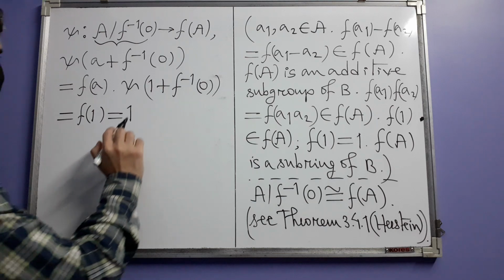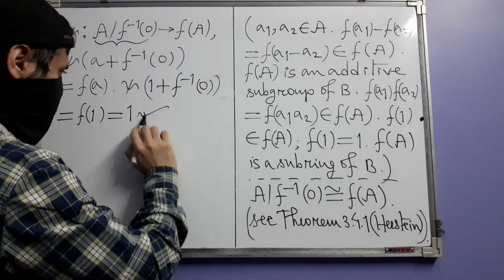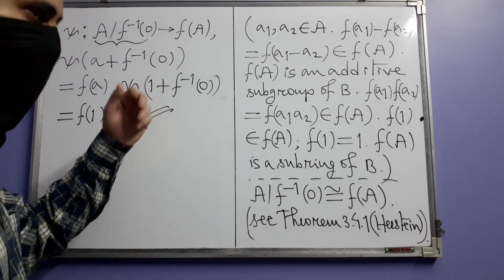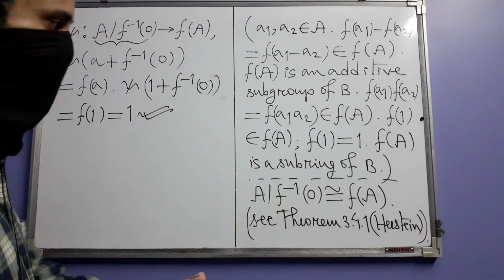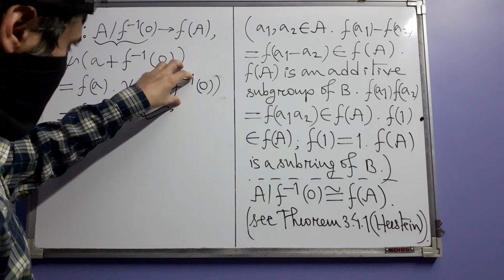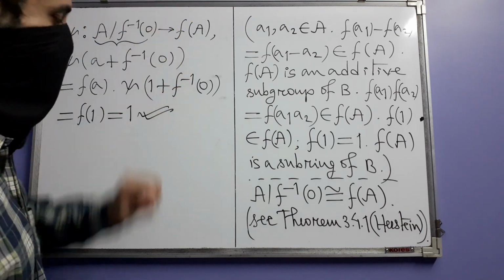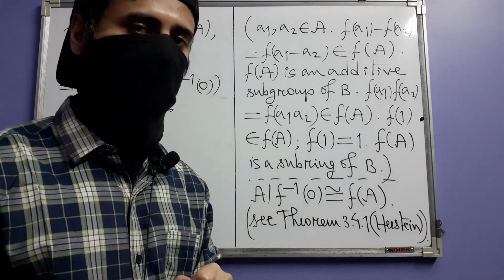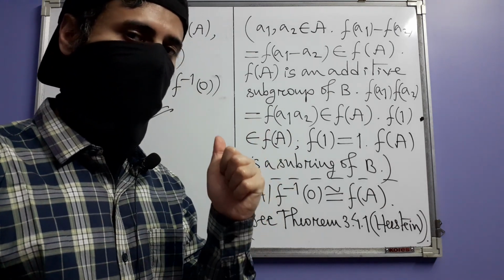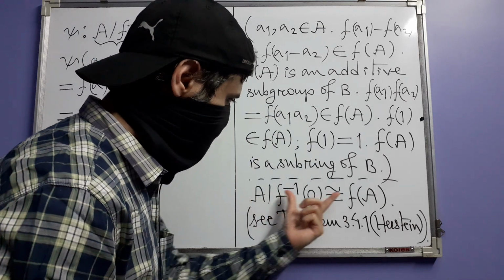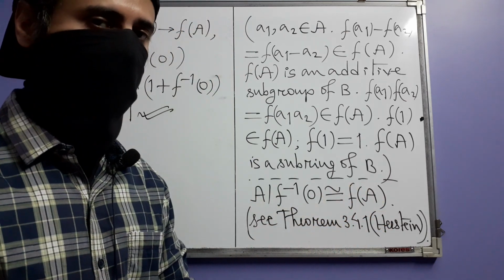So that's why, besides having all those properties of being bijective, respecting the binary operations, this psi also respects the identity elements of these two rings. And that is why in Atiyah Macdonald's sense, this really is a ring homomorphism that is bijective. And so these two rings are isomorphic.